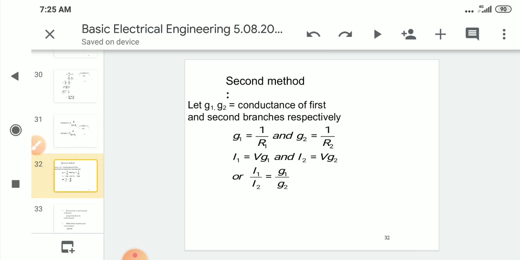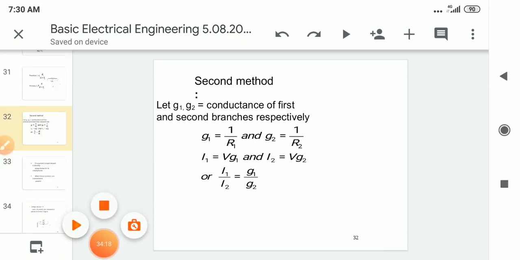This is the first method. Let's see, by using conductance also, we can calculate this. G1 is equal to 1 by R1 and G2 is equal to 1 by R2. I1 is equal to VG1 and I2 is equal to VG2.